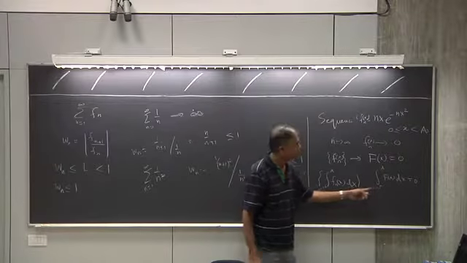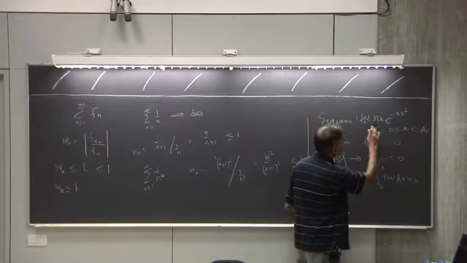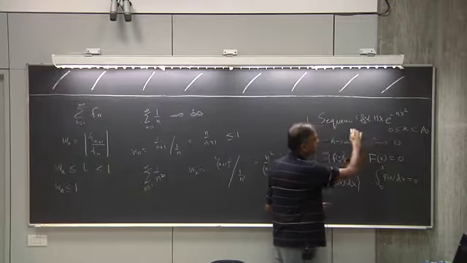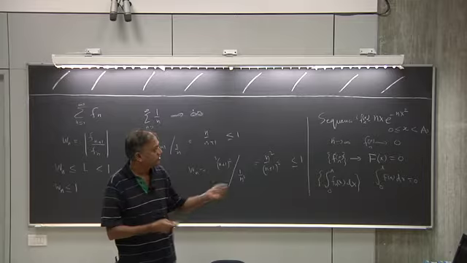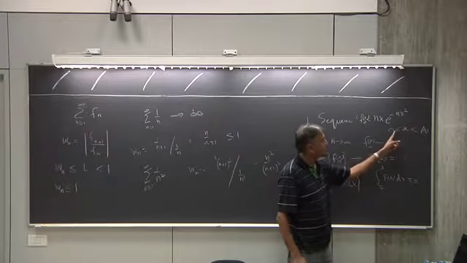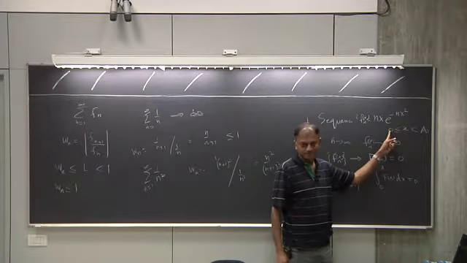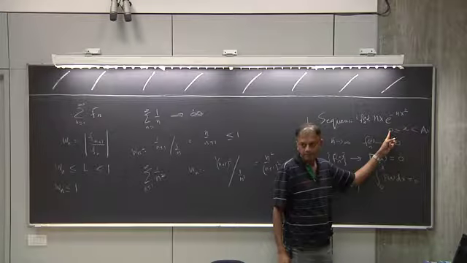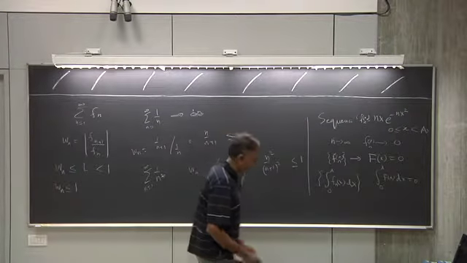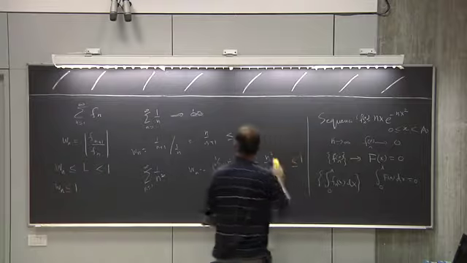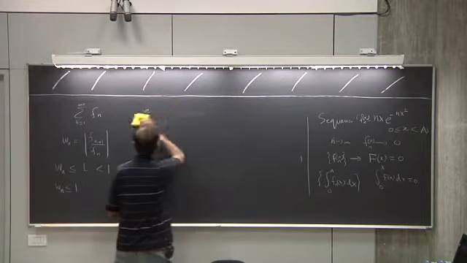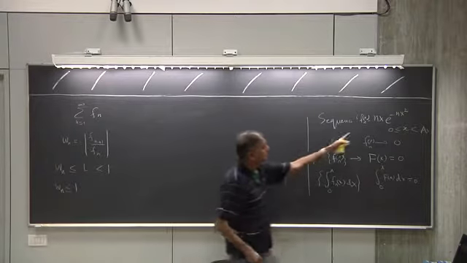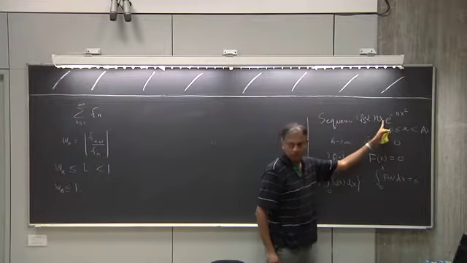You see that the problem with the non-uniform convergence is coming because x can go as close to 0 as you wish. That's the reason why this is happening. If you try to plot this function, at x equal to 0, of course, this function is 0.